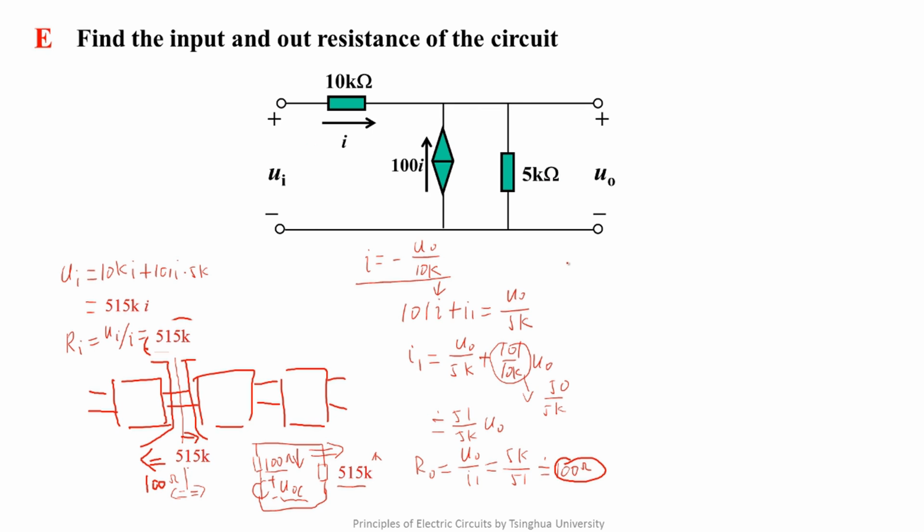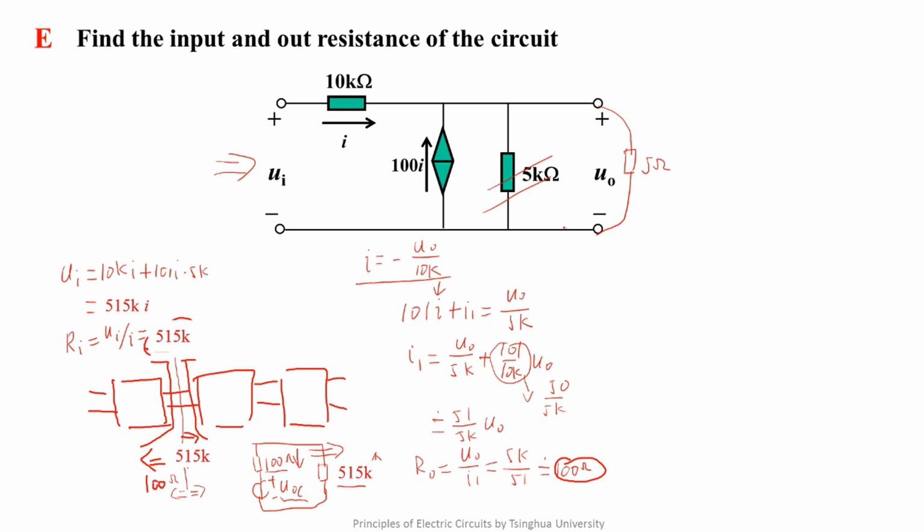Next, we discuss another question. If the voltage signal processing circuit's output port is connected to a very small load resistance, whose value is 5 ohms, what's the input resistance in this condition? The parallel connection of 5K and 5 ohm is almost equivalent to 5 ohms, so we can ignore 5K ohms here.